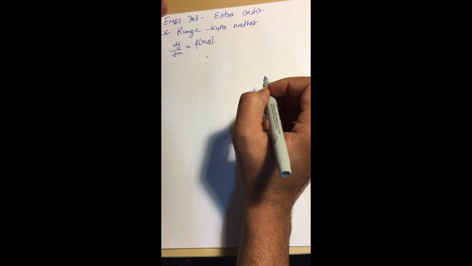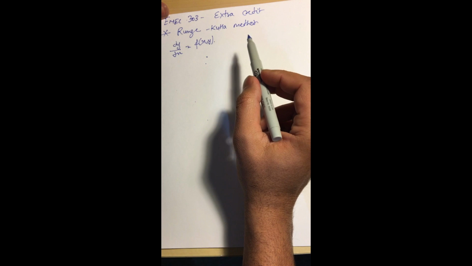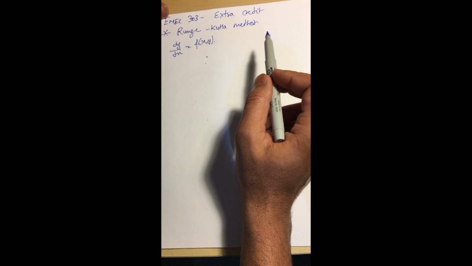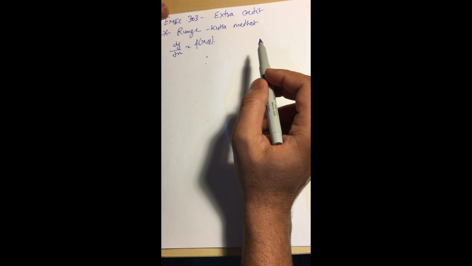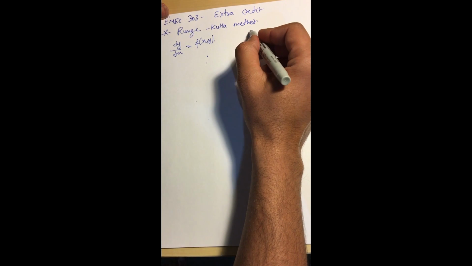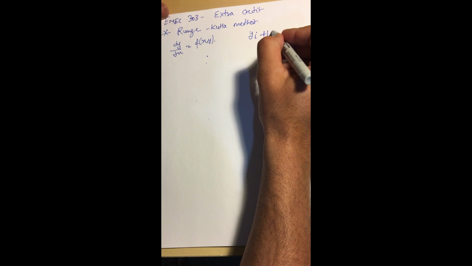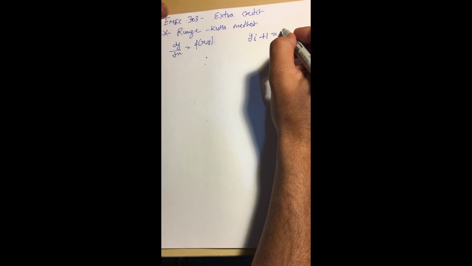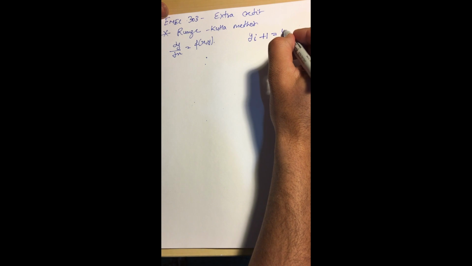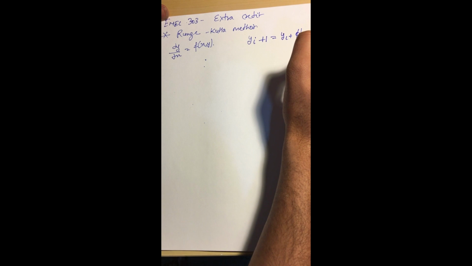I just want to show you guys how we get the form used for the Runge-Kutta method. The general form used by all Runge-Kutta methods is y_{i+1} equals y_i plus slope times step size.